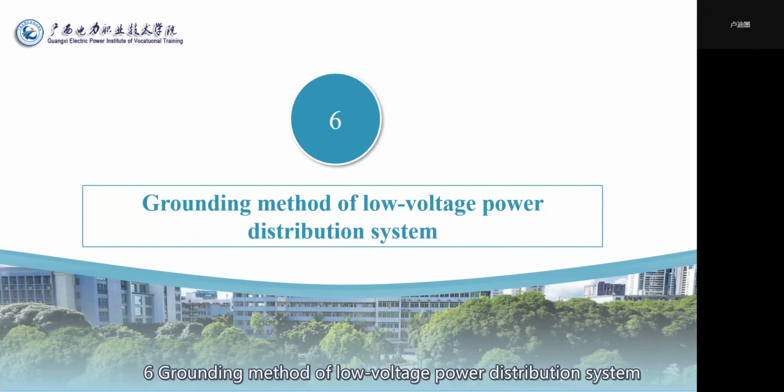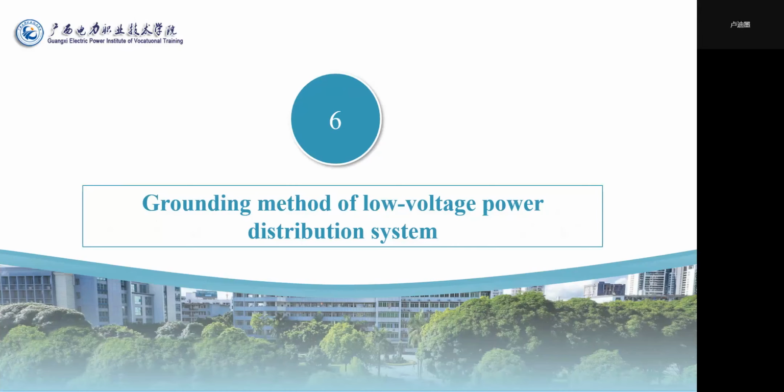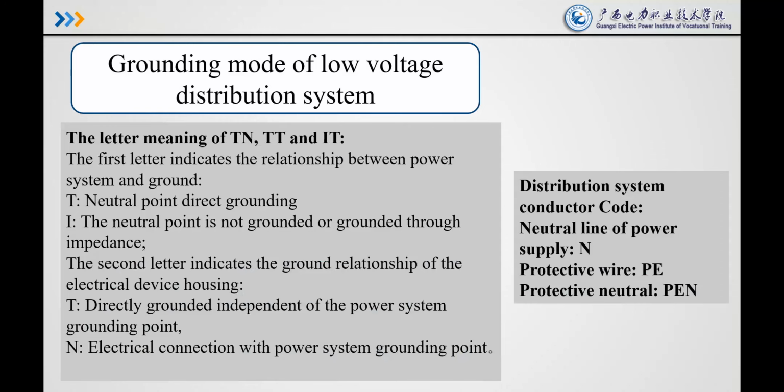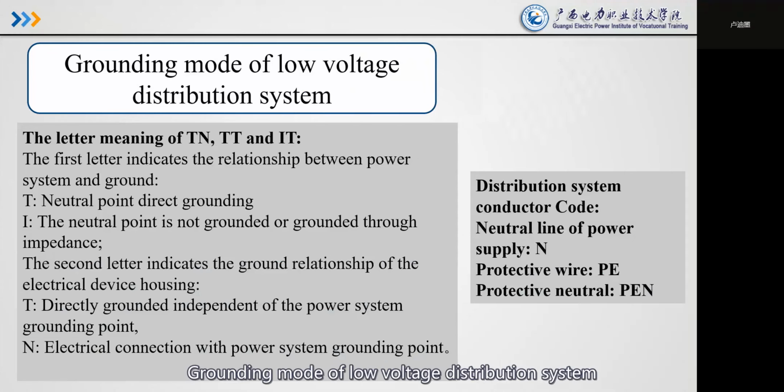6. Grounding method of low voltage power distribution system. The letter meaning of TN, TT, and IT. The first letter indicates the relationship between power system and grounding. T: neutral point directly grounded.